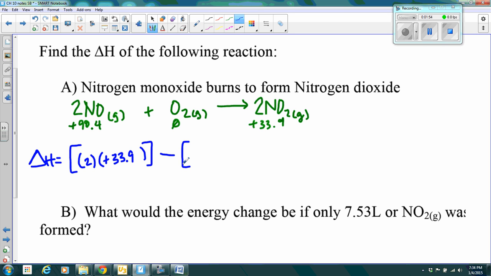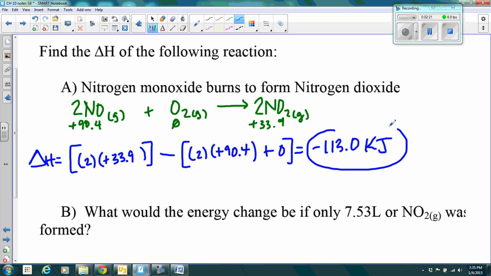Subtracting from my reactant side, I have 2 moles of my nitrogen monoxide that takes in 90.4 kilojoules of energy plus 0. And if I calculate that out, I am going to get an exothermic release of 113.0 kilojoules of energy.